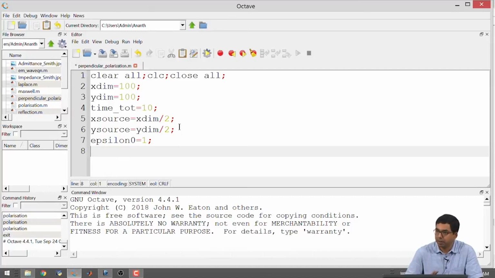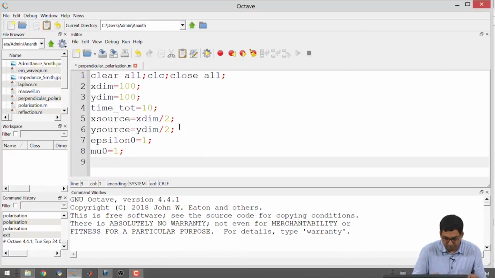I don't like using very small numbers, so I will use only the value 1 for vacuum. Correspondingly, the velocity in vacuum is made 1. So, whatever velocity we are getting, we can normalize it to the vacuum velocity.